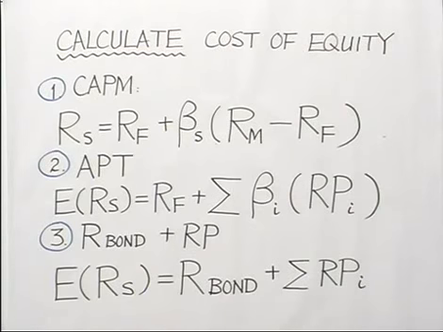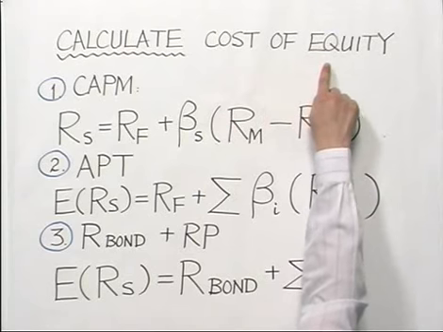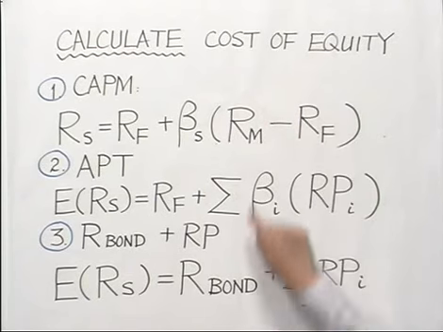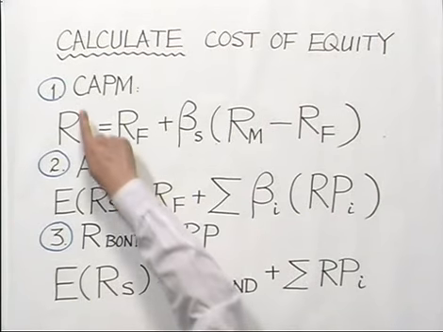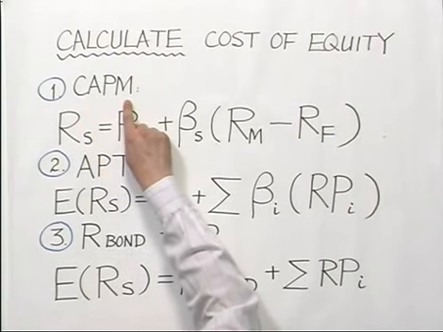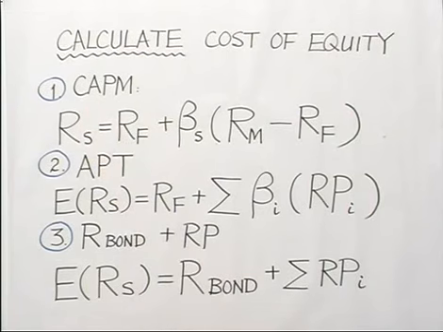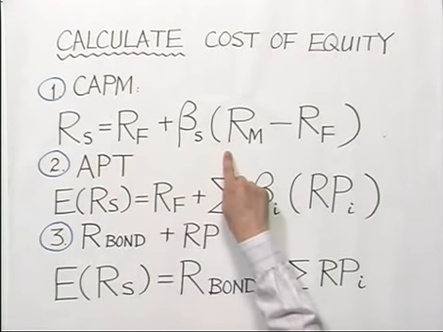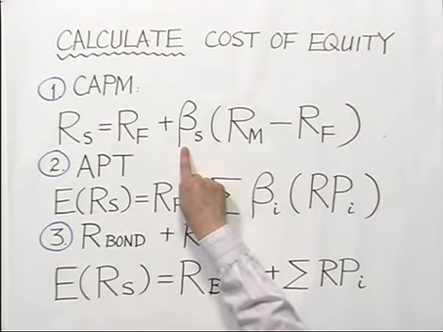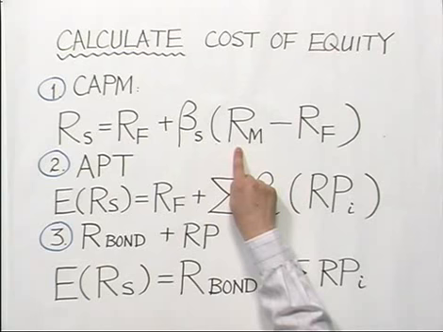As we said before, for all the three methods, one of the keys is to calculate the cost of equity. The cost of equity is the required return by the shareholders that they need to get from this company. The first method is to use the capital asset pricing model. This is the formula that we have all remembered at level 1. Essentially, we have to estimate the stock's beta. Let's say the stock has a beta of 1.2. Then we look at the expected return of the market.